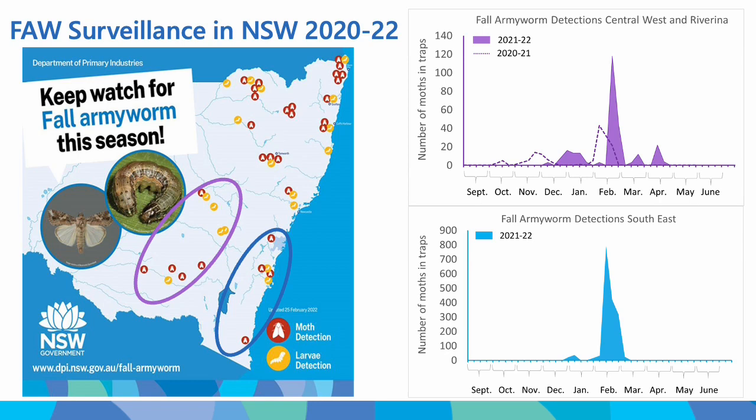But look, after only 2 years, it's a bit hard to know what a typical season is going to look like for fall armyworm. And a lot more research is needed to understand what the drivers of those populations are. But the seasonal patterns in temperate regions, like New South Wales, are potentially the most interesting because the factors that drive populations in those areas are likely to be less predictable than in Northern Australia.